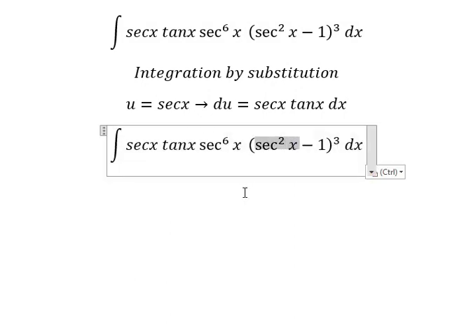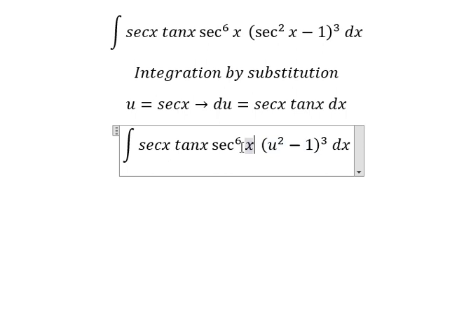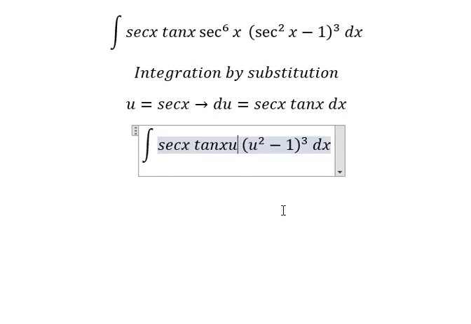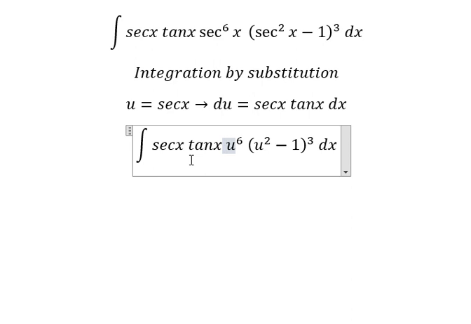So this one we change by u and we have u squared. This one we change by u and that's u to the power of 6. Secant of s tan s ds we change by du.